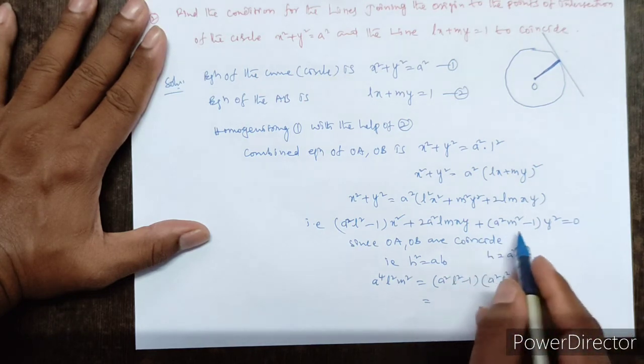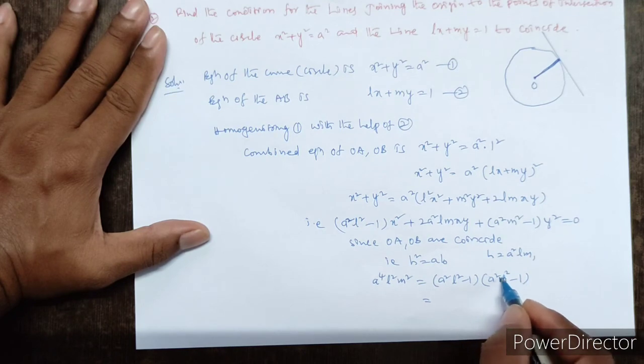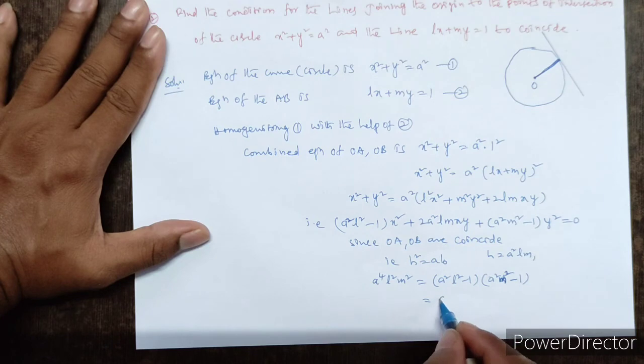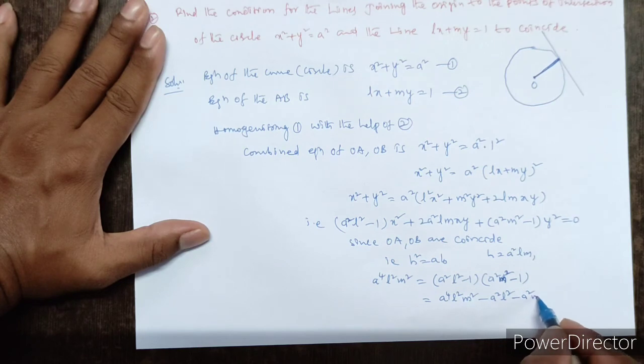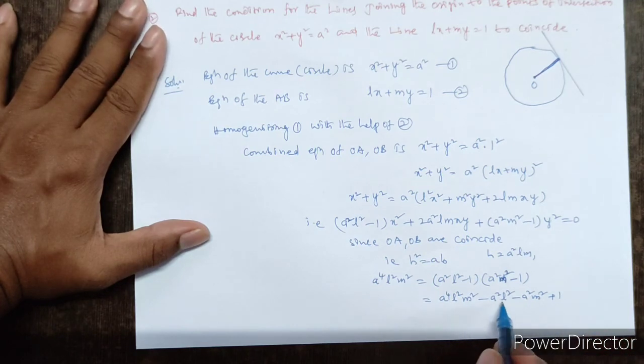Next, minus a square L square minus a square m square, and minus into minus is plus 1. So a to the power of 4 L square m square on both sides get cancelled.